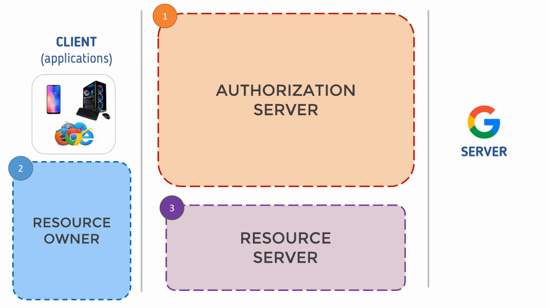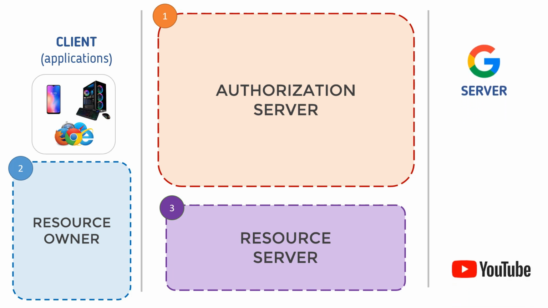Let us take this example. Google has different entities. It has Google Drive, it has Gmail, it has G Cloud, and it also has YouTube. YouTube was not a part of Google from the beginning. YouTube was founded in 2005, and Google acquired it in 2006. Which means that these are two different servers with two different database sets.